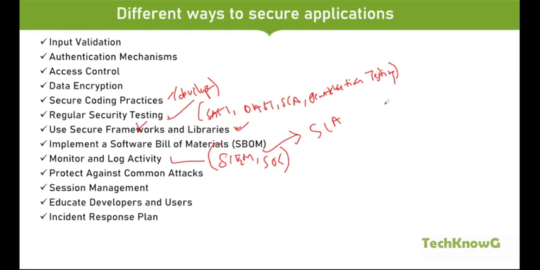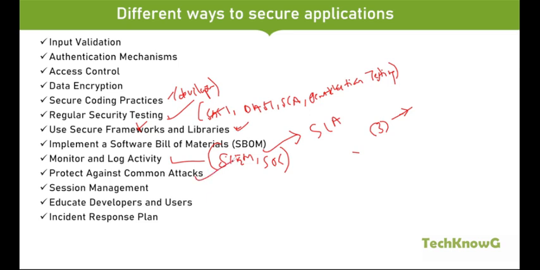Let's say on an Amazon user page, if anyone attempts login three times or more, there should be proper logging, meaning after three attempts you get logged out. Or if there is some unusual activity going on in any application, that needs to be monitored and reported to the application admin, or the support team at least.